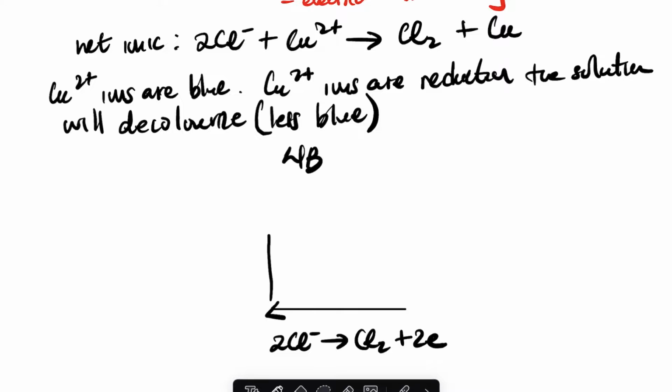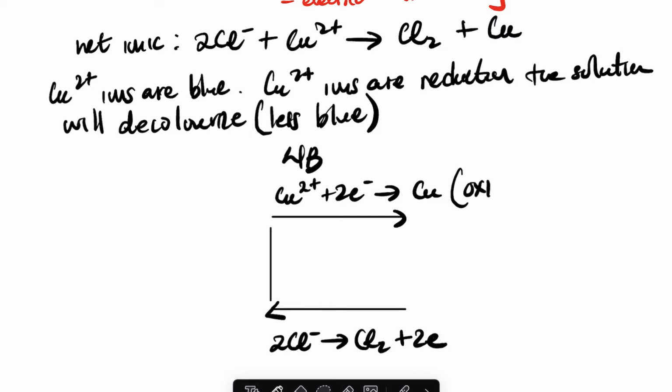And then at the top of table 4b, you have the Cu2+ that is reduced and forms the copper there. So this one is going to be the reduction at the top, and then an oxidation at the bottom in the electrolytic cell, guys.